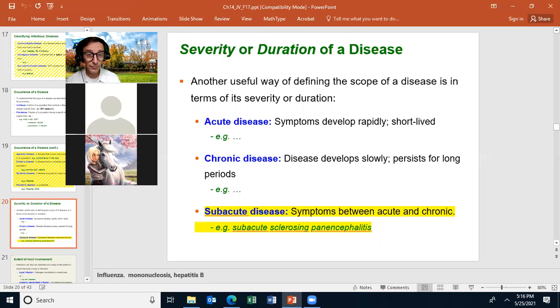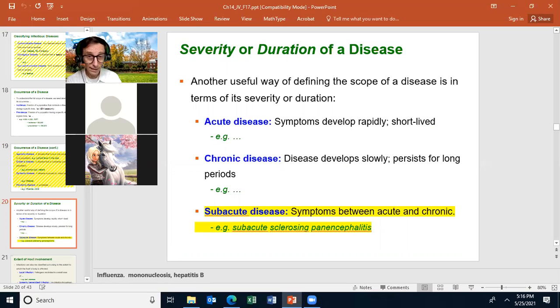This is in contrast, an acute disease, to a chronic disease. A chronic disease is where the disease develops slowly, persists for a long period of time, and the patient with time gets sicker and sicker until, of course, they get better. Mononucleosis would be a chronic disease. Hepatitis B would be a chronic disease.